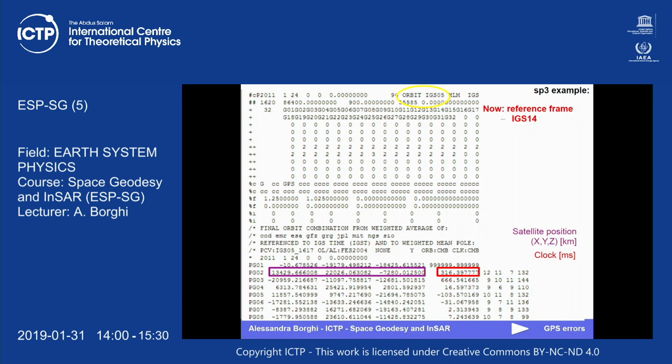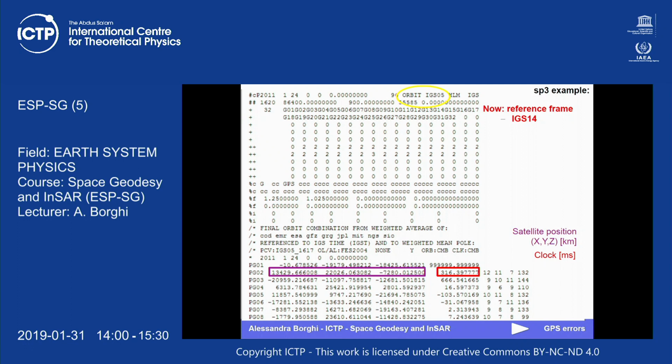A reference frame is the materialization of a reference system. We have seen that with the GPS we are going to measure the distance between satellite and receiver, and we are going to fix more or less. We are going to see next, when we speak about GPS processing software, that there are some differences, but now we can see that we can fix the position of the satellite and we obtain the position of the receiver.